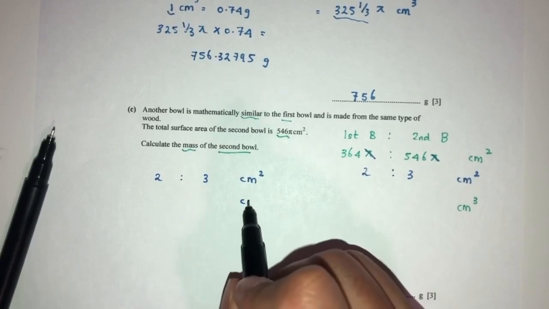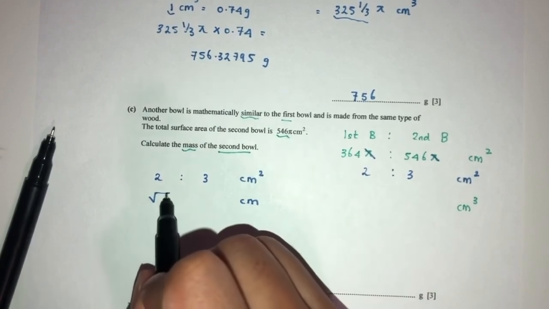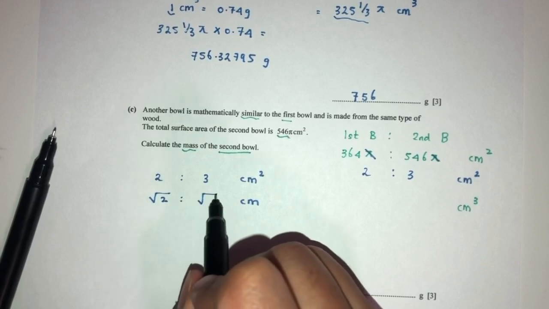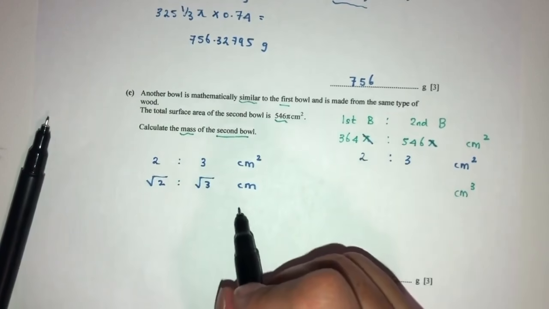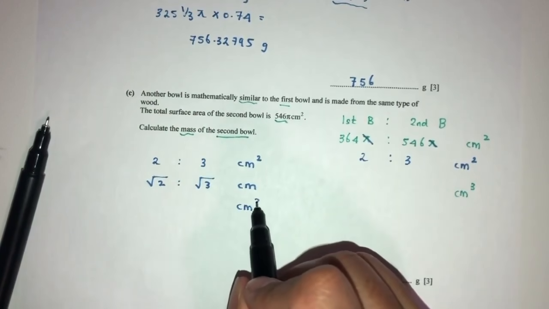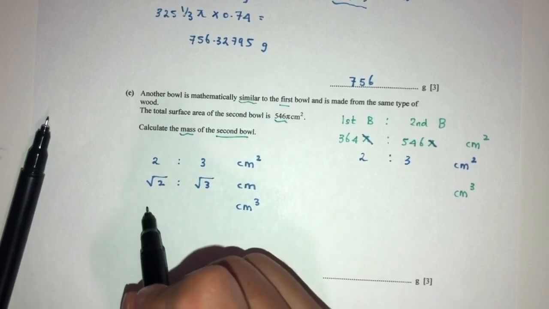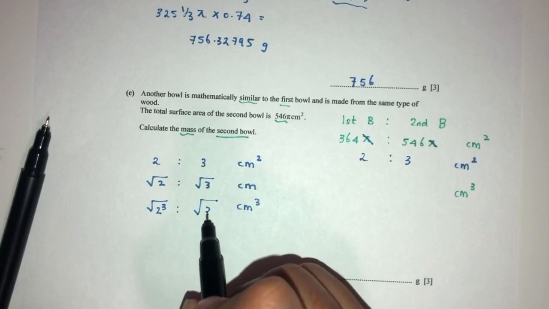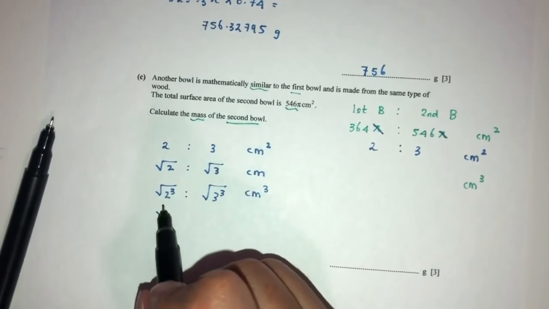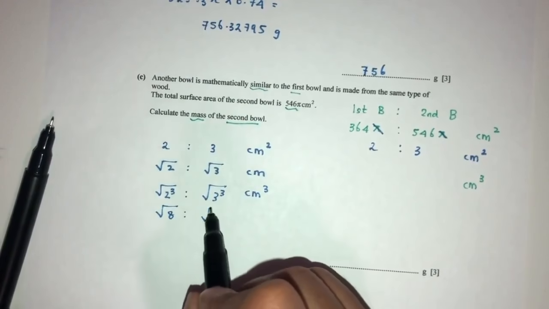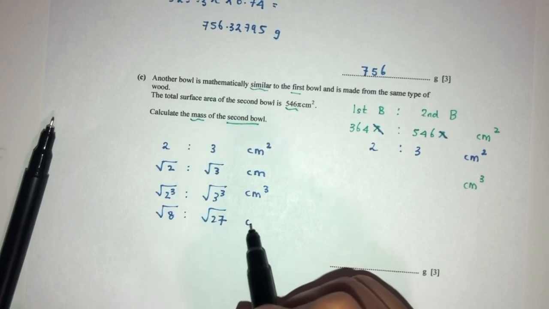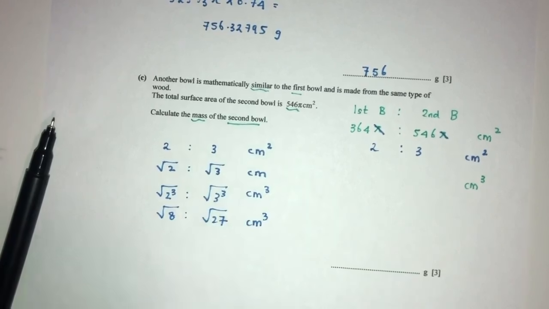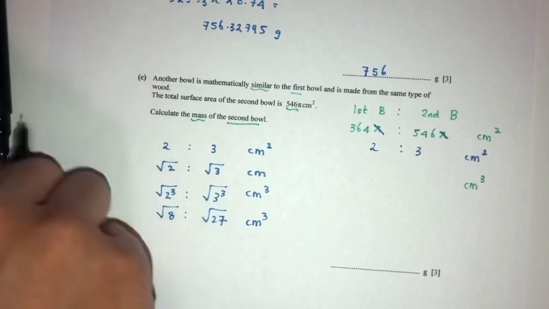If you want to change this back to centimeters, you apply square root, right? If you want to change this down to cube, you apply power 3. That'll be root of 8, root of 27. So the ratio of their volume will be that much. Now we can use that to find the mass.